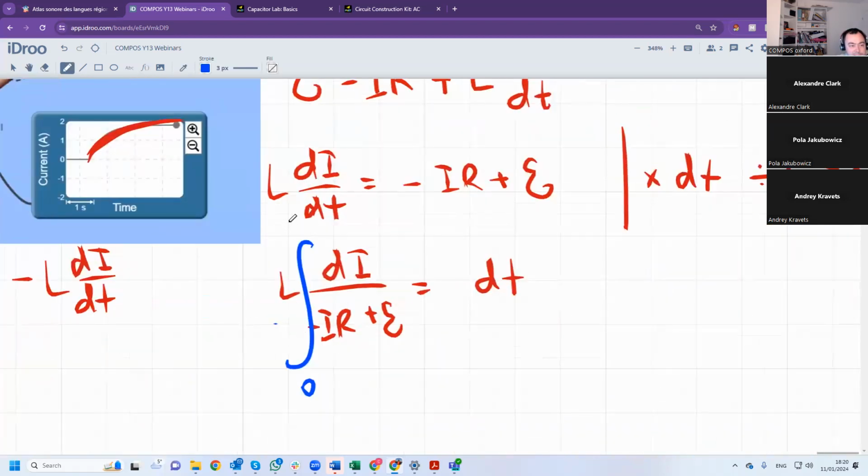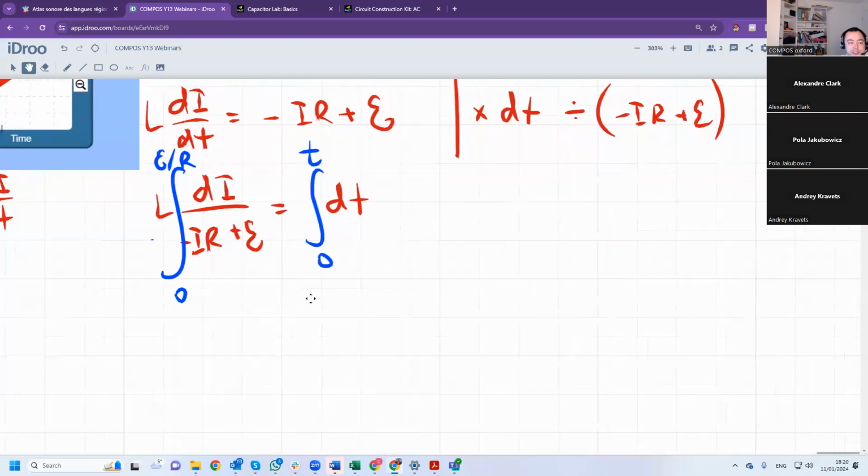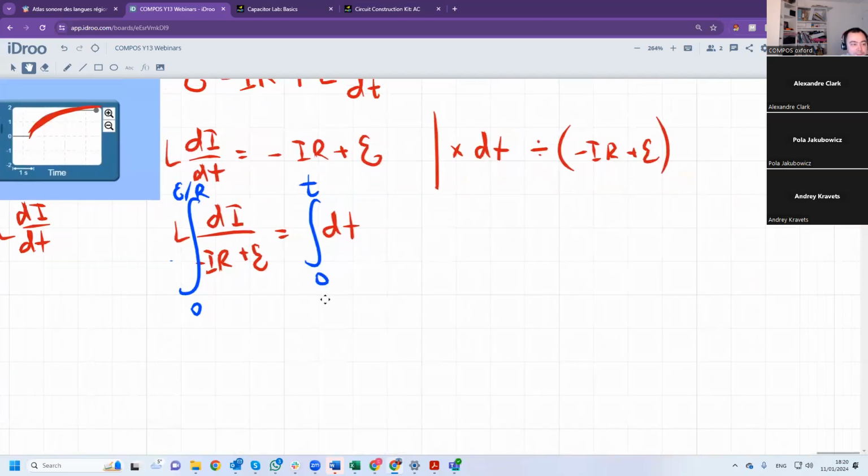From EMF over R, and time changes from 0 to, well, t. T is the time, because we need current with respect to time. Actually, no, sorry. What am I doing? Sorry, ignore me.